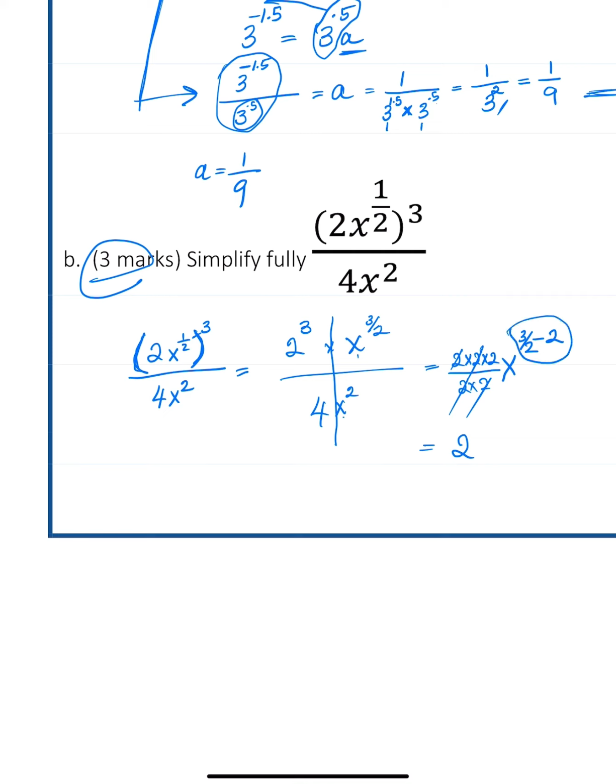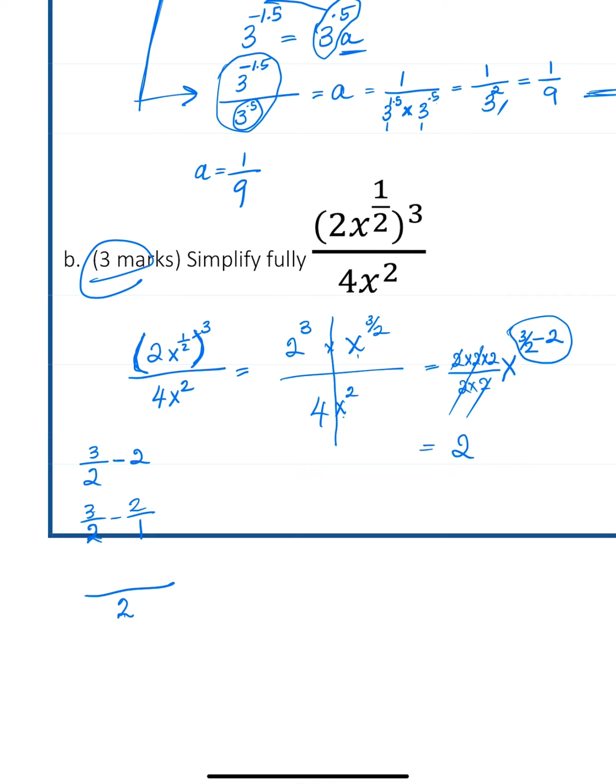And then this one, I'm going to bring to another side. So 3 over 2 minus 2. Okay, so I'm going to write this as 3 over 2 minus 2 over 1. Now I have both fractions, right? Okay, so the denominator is 2. So 2 divided by 2 is 1.